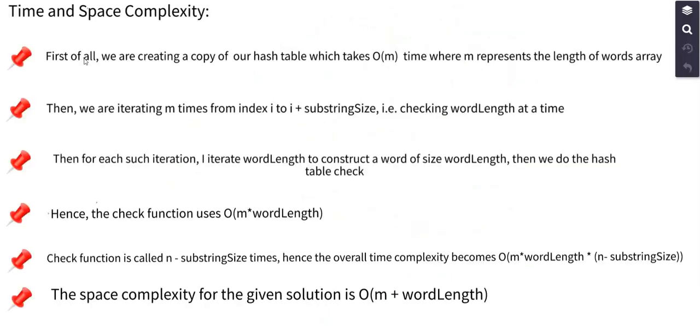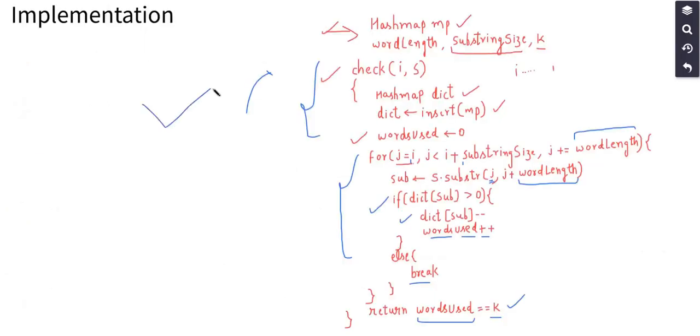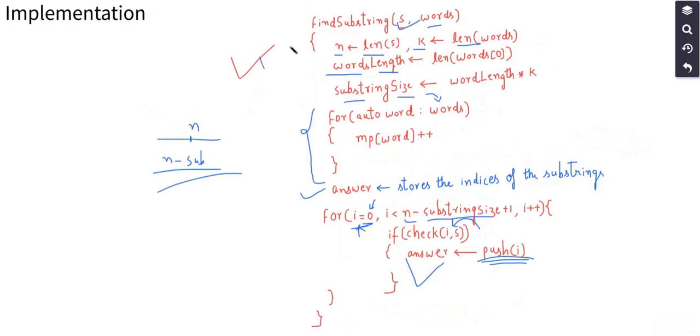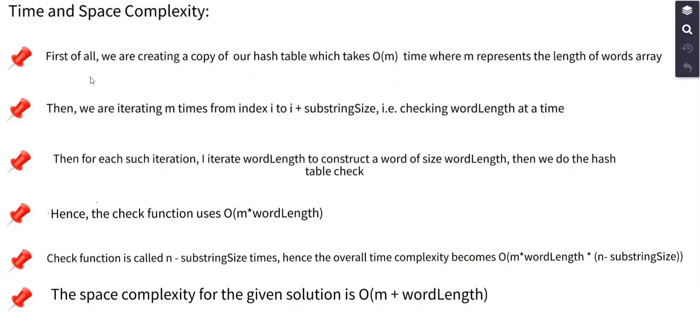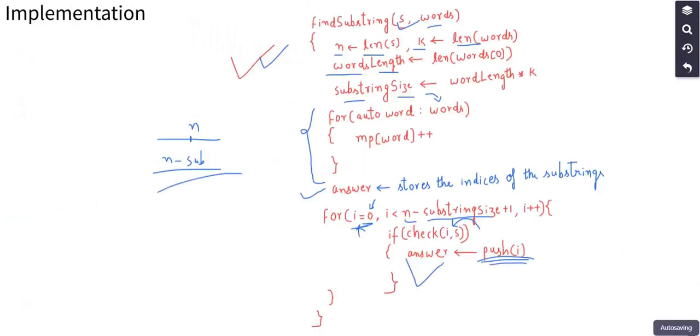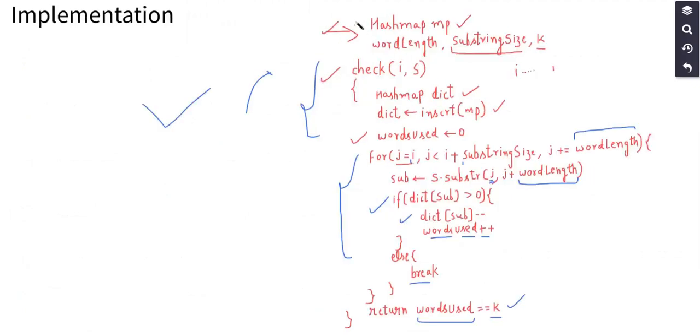First we'll discuss the time complexity of our check function, which I explained here. Then we will move to the time complexity of the find substring function, which is using that function. We can see that in the check function we are first copying our hash table, the global hash table, into this temporary hash table.